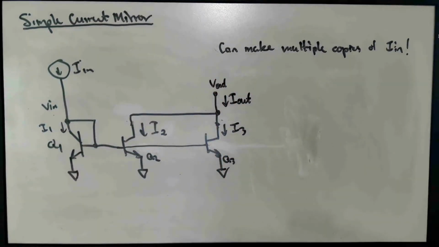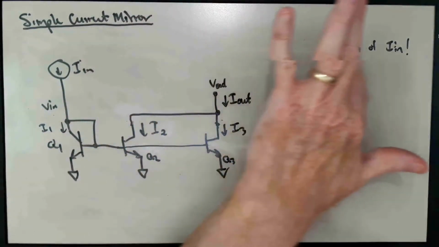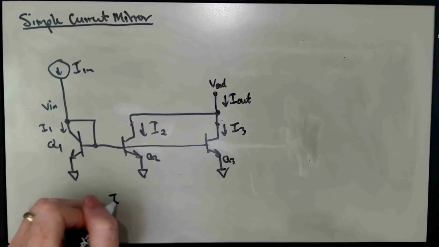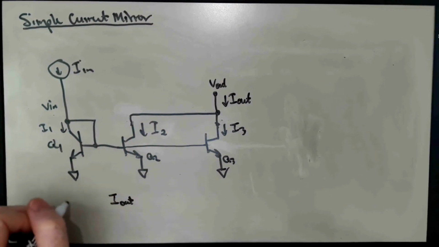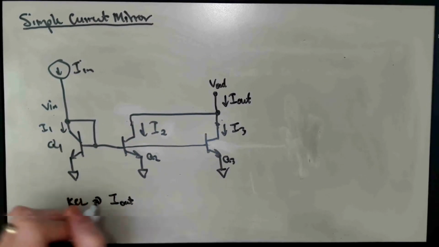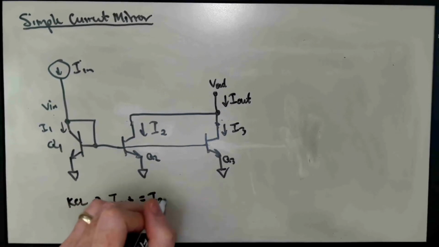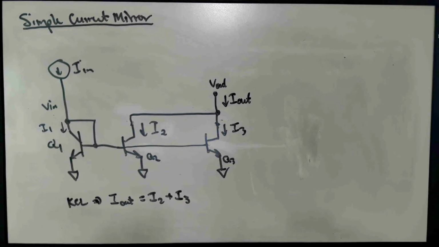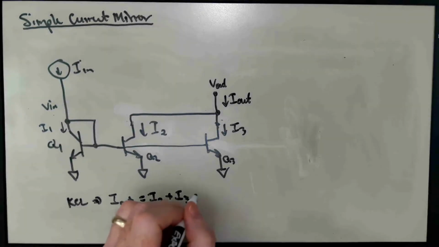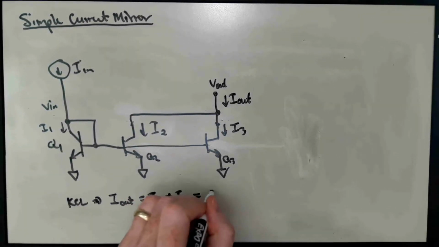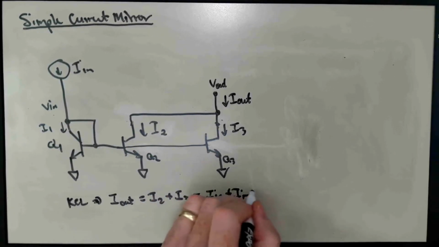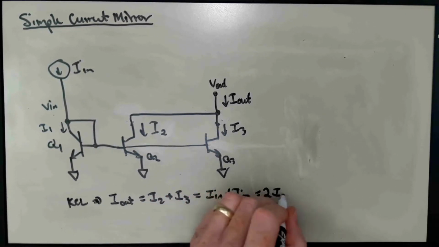Well, here I out by KCL is just I2 plus I3, right? Where I2 and I3 are both equal to I1, which is I in, so I out is equal to 2 times I in.